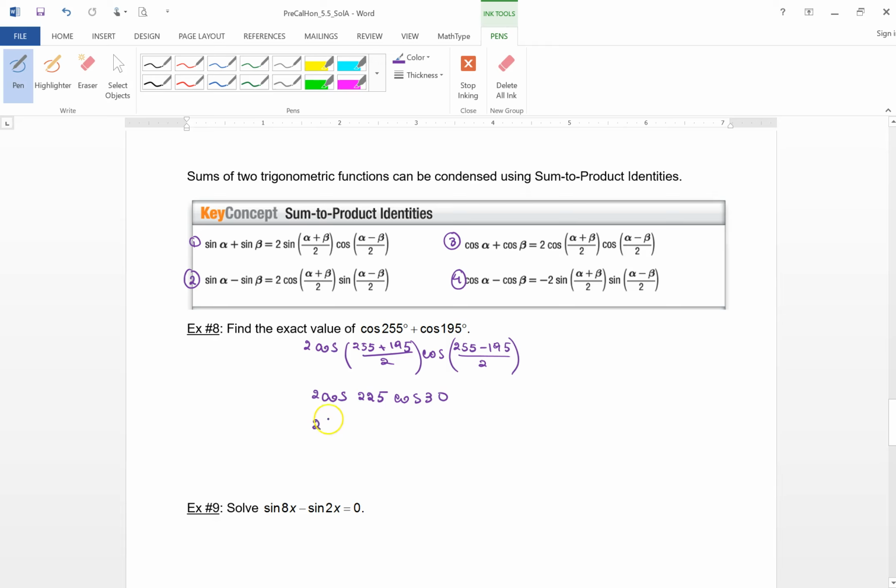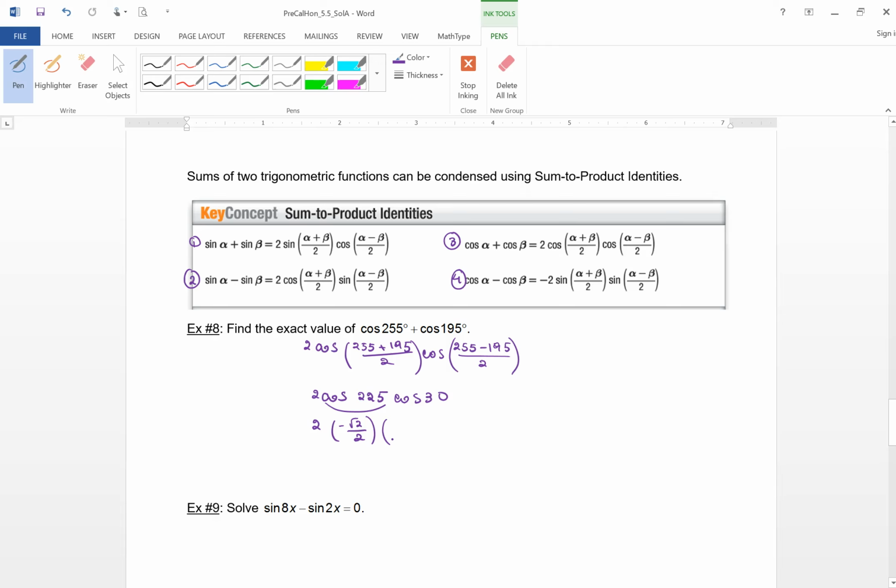Now, I know exactly what cosine of 225 is, because the reference angle there is what? 45. And it's always root 2 over 2, except in the quadrant where 225 falls, cosine is negative, so it's negative root 2 over 2. And now everybody knows that the cosine of 30 is a half, right?